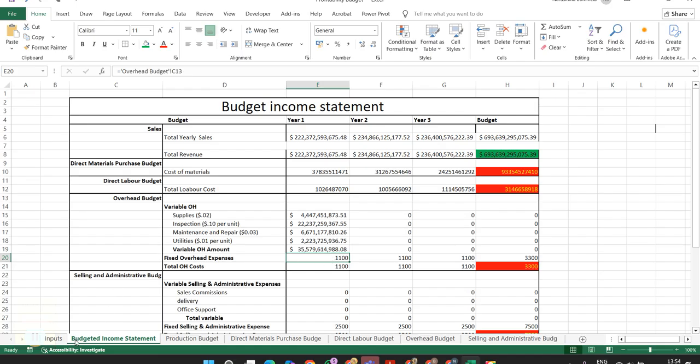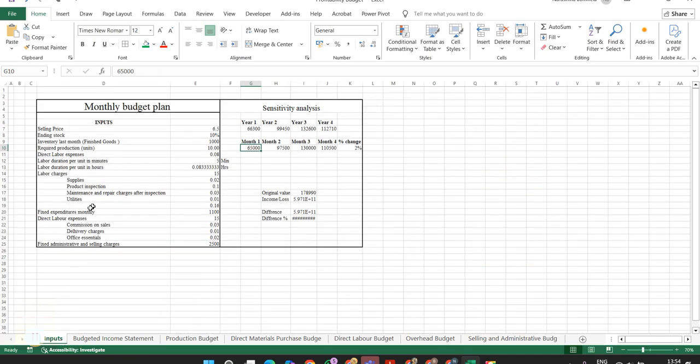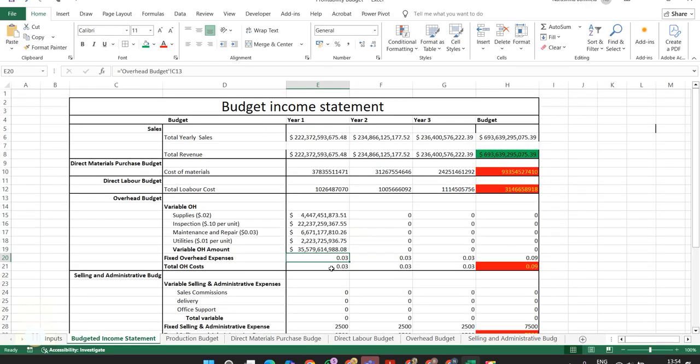We also assume here that fixed overhead, fixed expenditures monthly, is 0.03%. Okay, let us take this one as 0.03%.